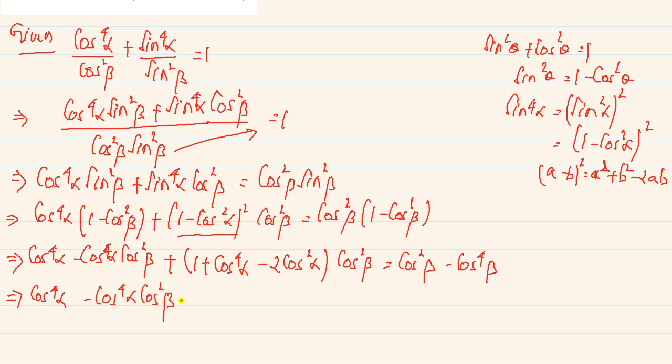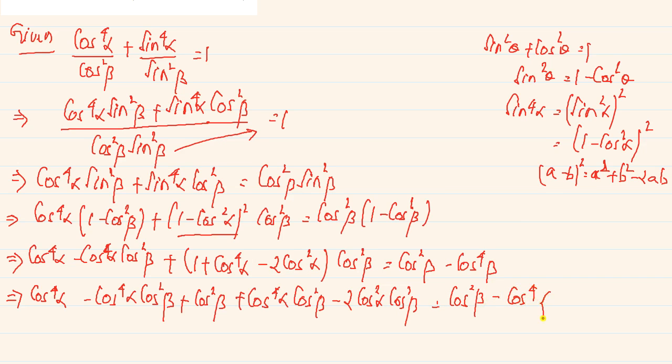Cos square beta into 1 is cos square beta, plus cos square beta into cos square alpha is cos to the power of 4 alpha cos square beta, minus cos square beta into minus 2 cos square alpha is 2 cos square alpha cos square beta, is equal to cos square beta minus cos to the power of 4 beta.